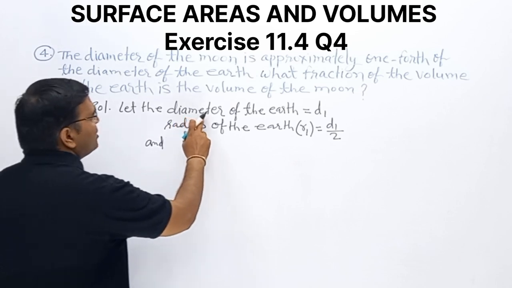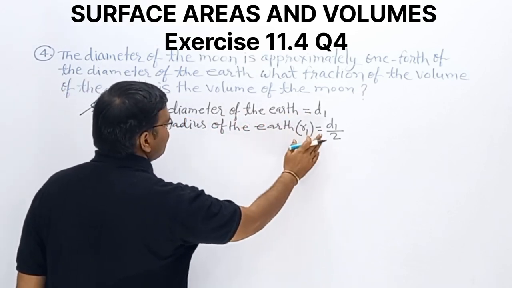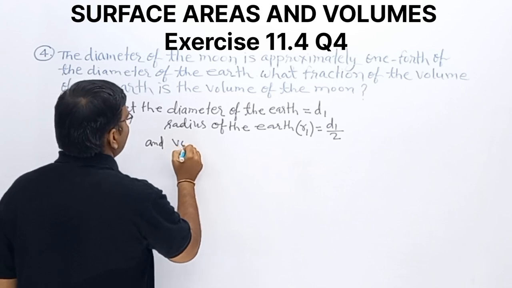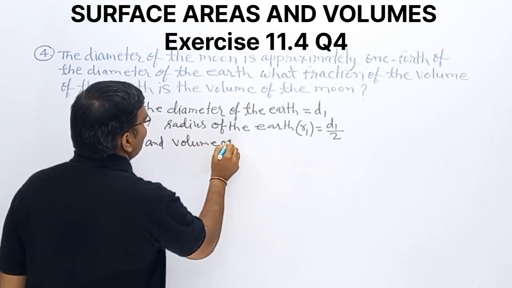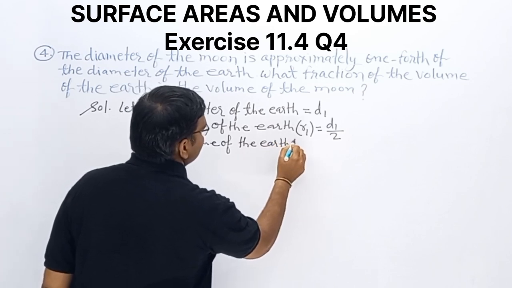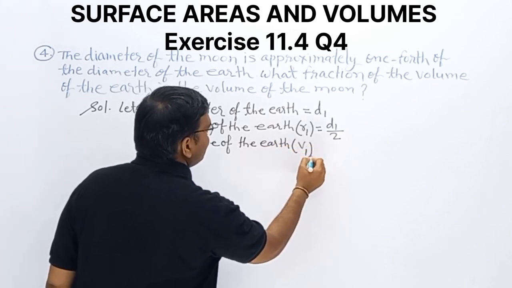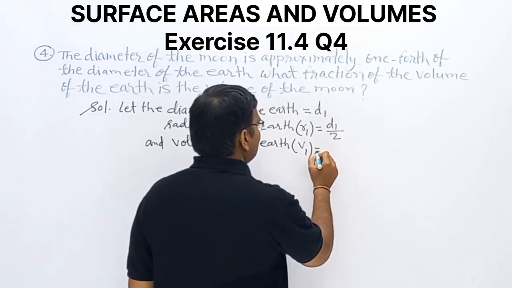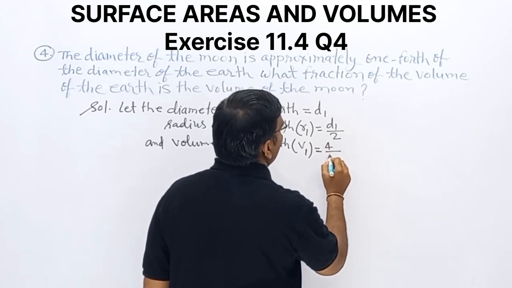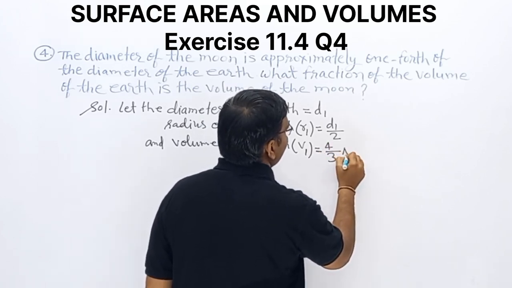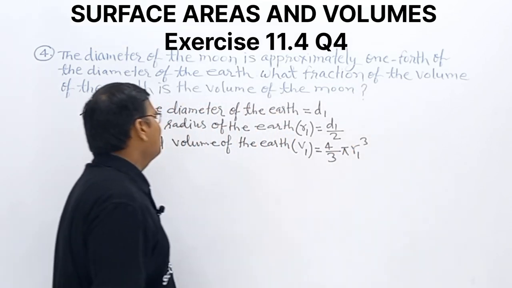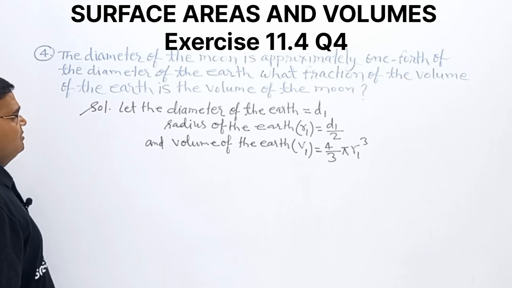So we assume the diameter of the earth is d1, its radius is d1 by 2, and the volume of the earth, I am taking this one as v1 equal to what? Volume is a sphere shape, so the volume of a sphere is 4/3 pi r1 cube. This is the volume of the earth.